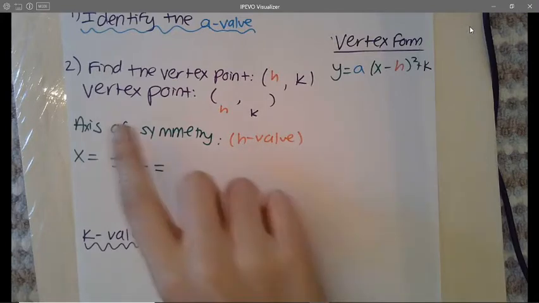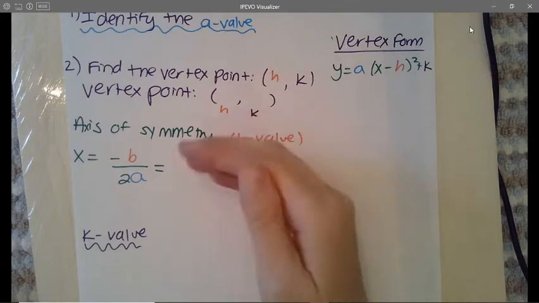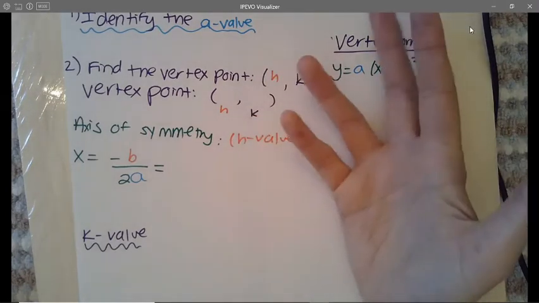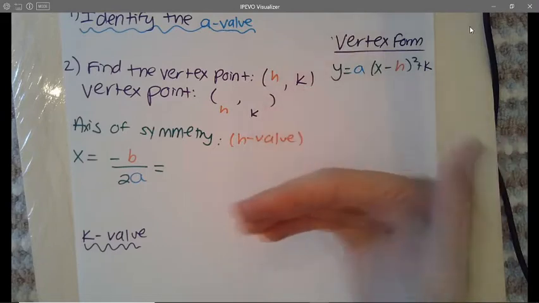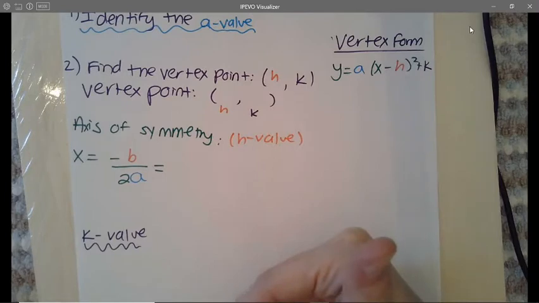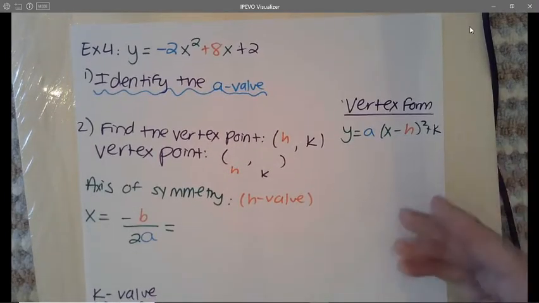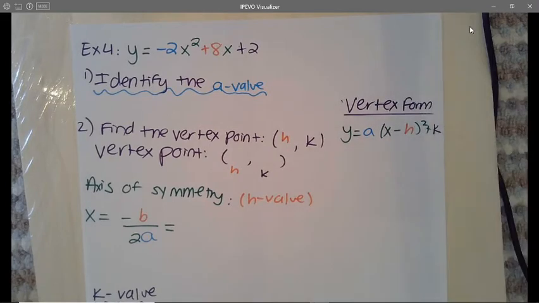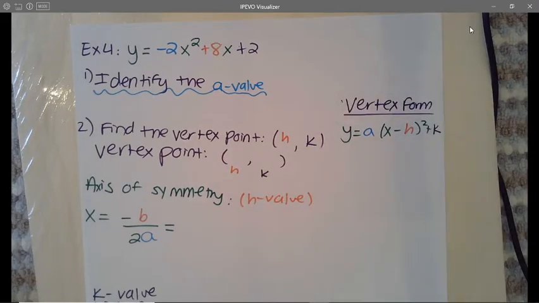In my opinion, I think it's a little bit easier to use the axis of symmetry technique to get to vertex form. But if you hate this method, you can simply just complete the square. So it's kind of up to you. If you would rather solve by completing the square and then see if you get the same thing when we get done, you can do it that way. It doesn't hurt my feelings.